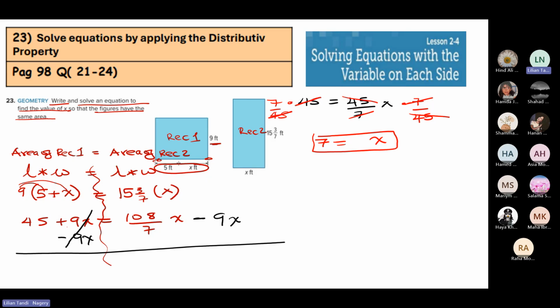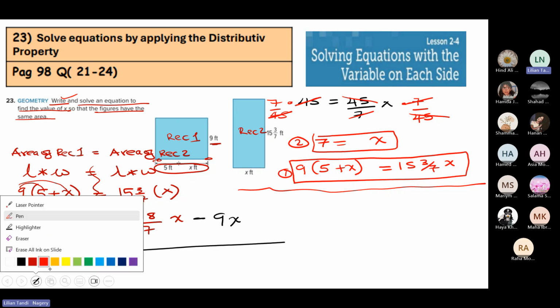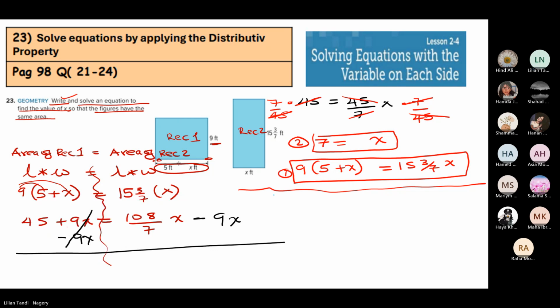So this is my second answer. Where was my first answer? Here is my first answer. So my first answer was 9 times 5 plus x equals 15 and 3/7 x. Because the question told you to write and solve the equation. So here is the first answer. Here is your second answer. Now, check your work. Let me use another color to check. So I want to check.